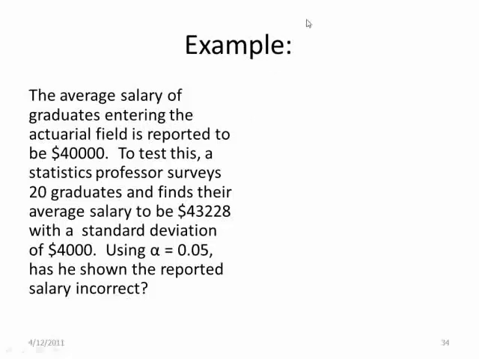So again, just marching through step by step, let's take a look at step 1. We have to state a null and an alternative hypothesis. Notice here, has he shown the reported salary incorrect? Is this a statement of difference or non-difference? Difference.